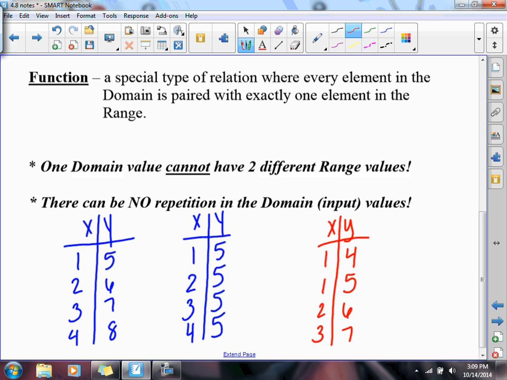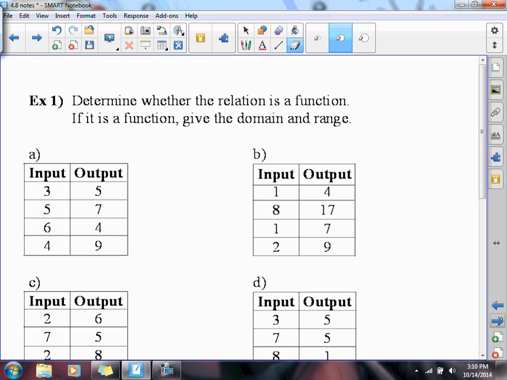Numerically, if you have an equation, like even if the equation was y equals x plus 3, if you put a 1 in there, 1 plus 3 is 4. If you put the 1 in there again, you can't do 1 plus 3 and get 5. That's not mathematically possible. So that's not a function. And that was just an example. That might not be the actual function for that table there.